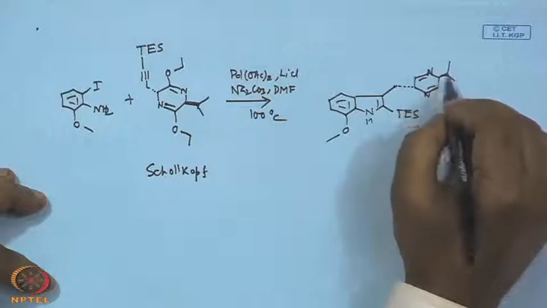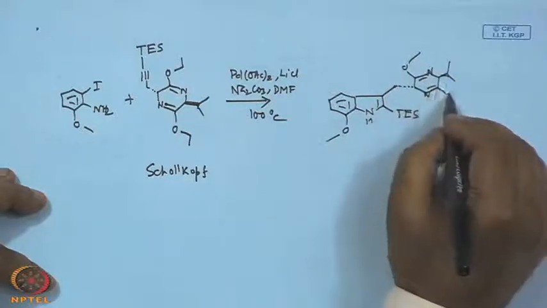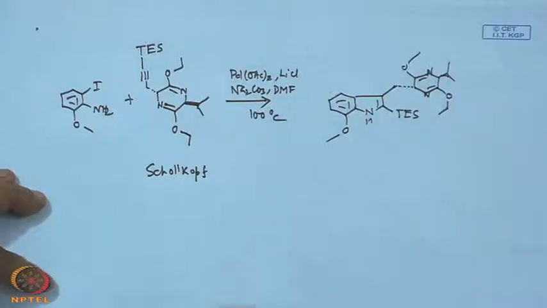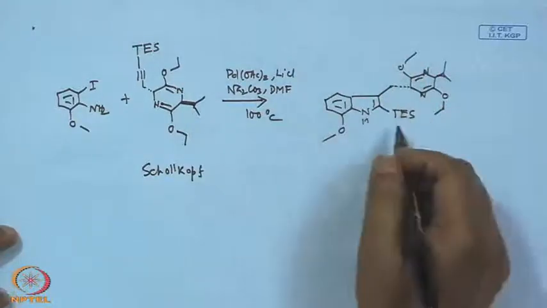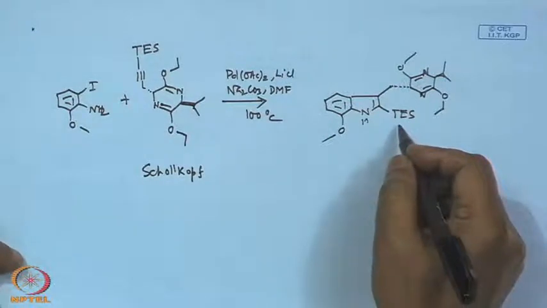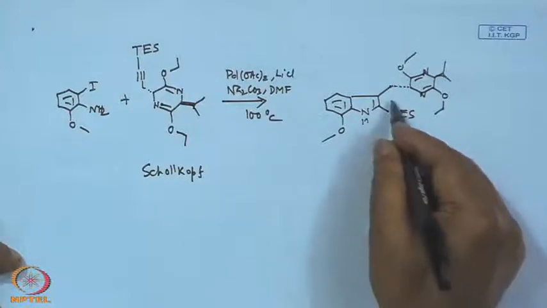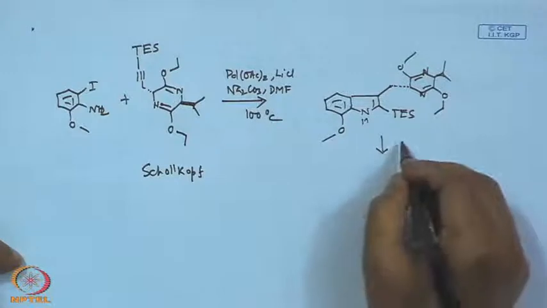Then you have this isopropyl side chain and these ethoxy side chains, that is it. It could have been otherwise, but as I said already, this larger group would be attached to the C2 position. So, you will have a nice linkage.